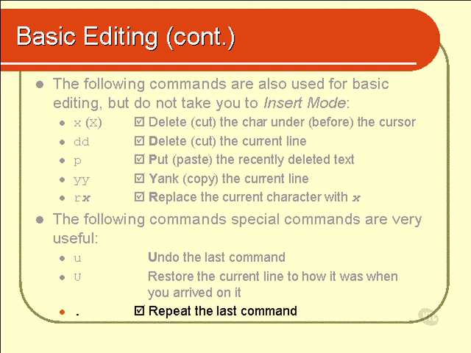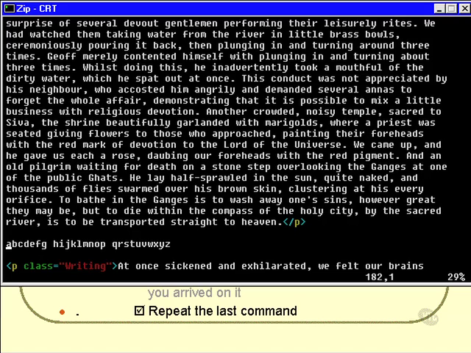Finally, probably the most powerful command of all in my opinion, relating to Vi, is dot, just a full stop command, which just means repeat the last command. It actually means repeat the last edit, repeat the last change that you made. It doesn't repeat movement, if it's only movement and nothing else. Let's say I've got all these P class equals writing.